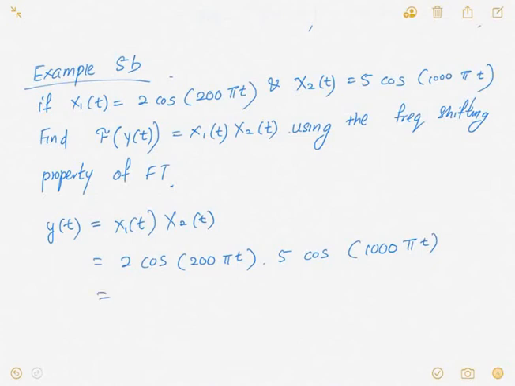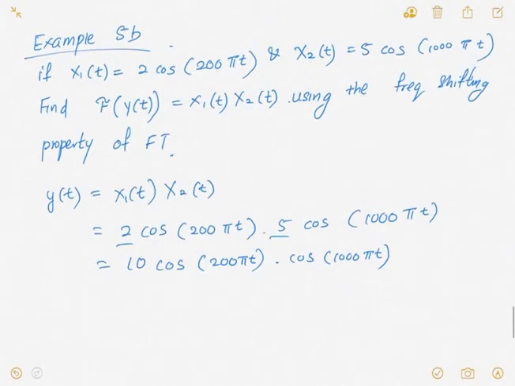So this one you can combine. 2 times 5 is 10 cos 200 pi t, and then cos 1000 pi t. Okay.